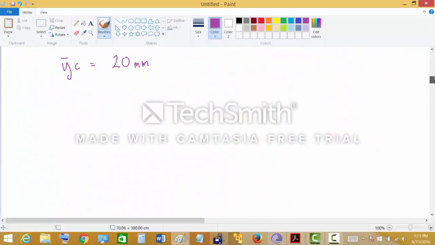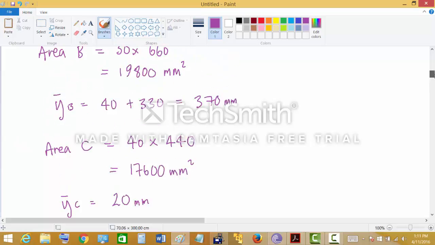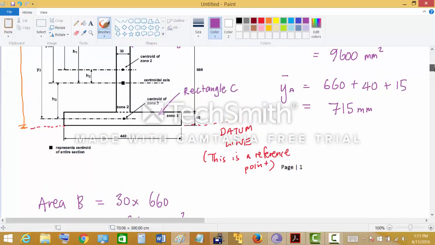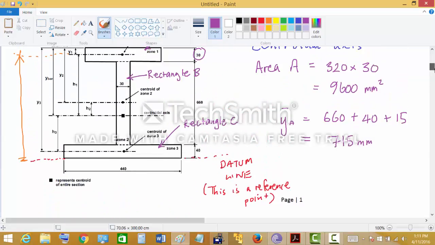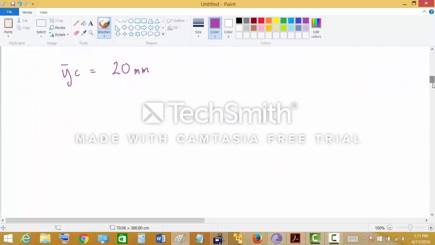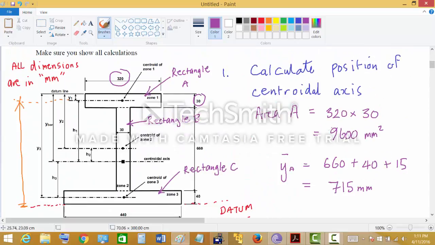So we're going to multiply each area by its particular centroid. So area A was 9,600, so it's 9,600 times 715.